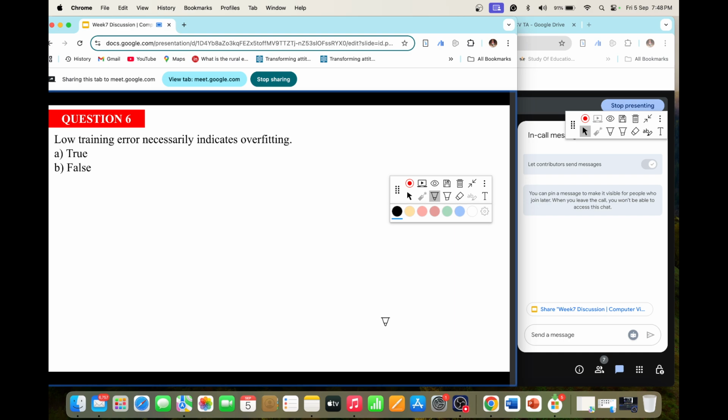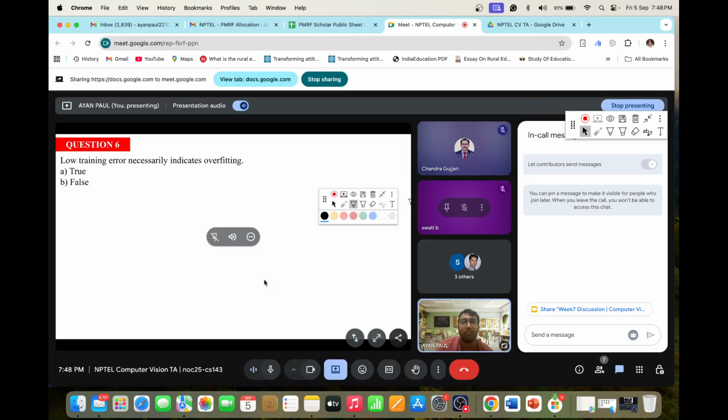Now question number 6. Low training error necessarily indicates overfitting. Is it true or false? We have two cases, right? One is underfitting, second is overfitting. If our training error is high, then we can easily say it is an underfitted model.